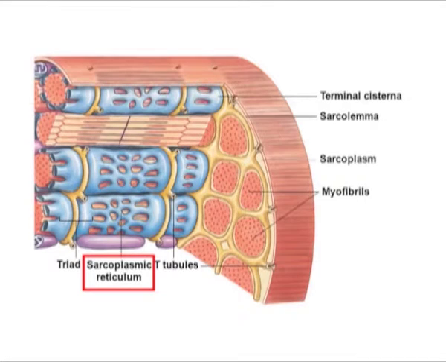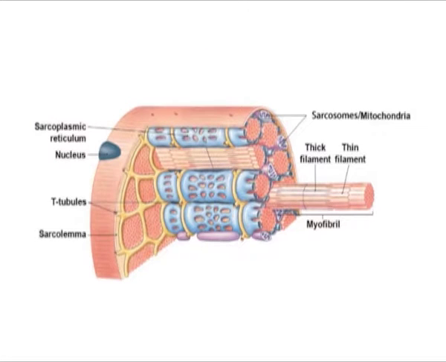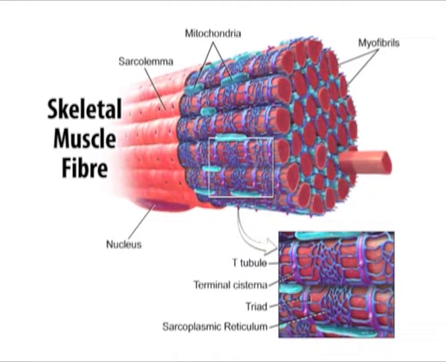It contains glycogen and fats for energy along with the organelles. Sarcoplasmic reticulum serves as a storage for the calcium ion necessary for muscle contraction. A muscle fiber is rich in sarcosomes, that is mitochondria, that provide energy in the form of ATP for muscle contraction.